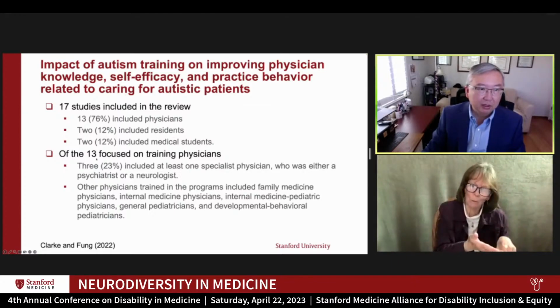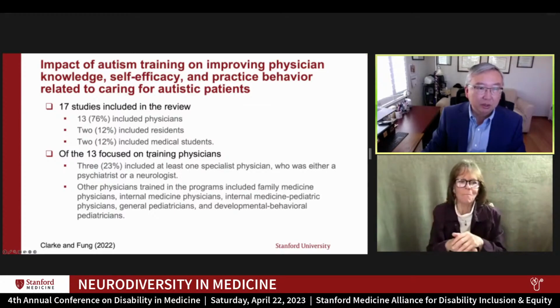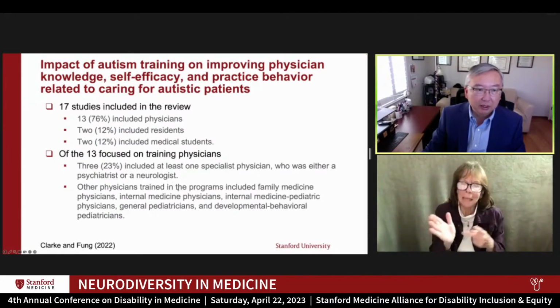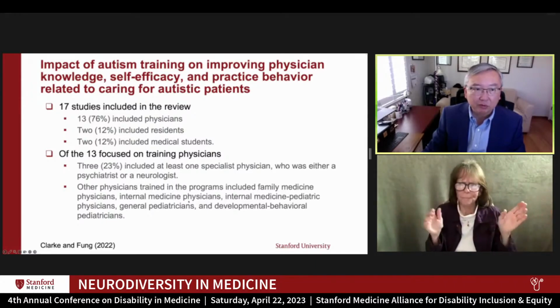And among the 13 that are including physicians, basically 23% have included at least one specialist physician. So it can be psychiatry or neurology. And then the other studies are pretty much widespread to mostly primary care providers.